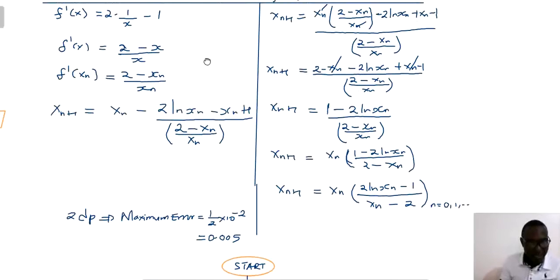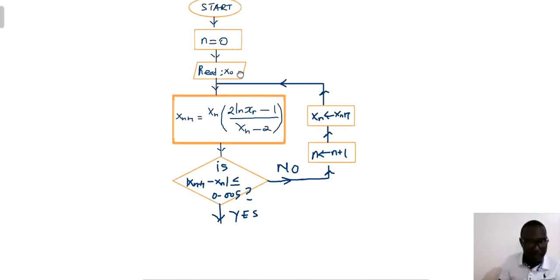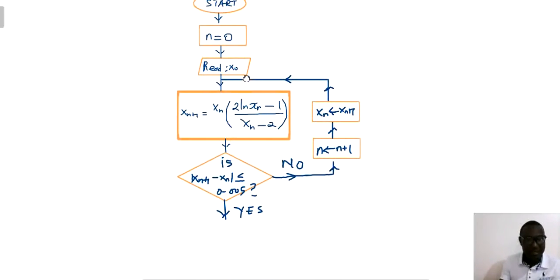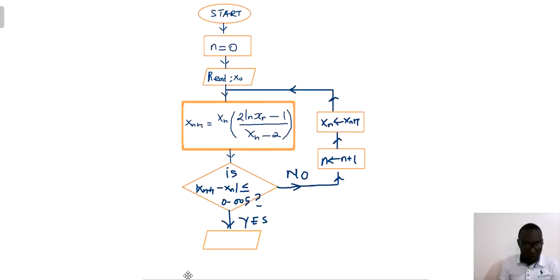So right there we are going to print, and printing is a command. You remember that? So there we are now going to print xn plus 1, which will be the root of the equation, right? Now, having printed, what follows next is we shall stop. Stopping is always in the oval shape. So this here is our flowchart.